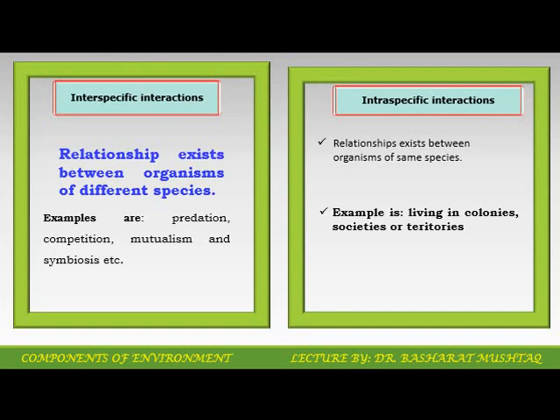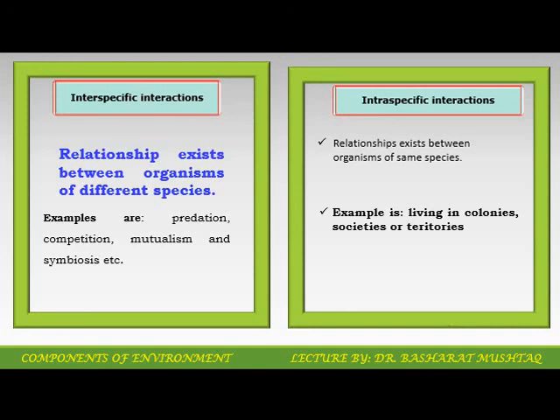In this type of relationship, either both species are benefited, or one species is benefited, or both are harmed, or one is benefited and another is harmed. It includes predation, competition, mutualism, and symbiosis as examples.